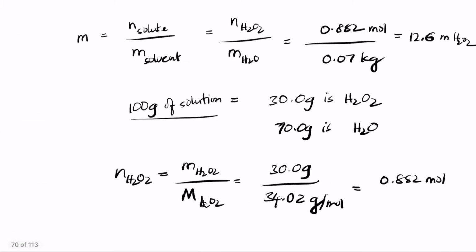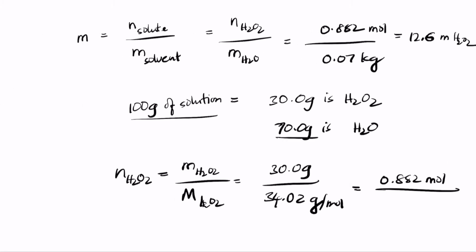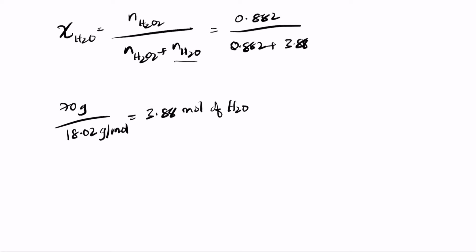It's already given here from the last one, which is 0.882, divided by 0.882 plus the number of moles of H2O. That's about 70 grams divided by the molar mass, which is 18.02 grams per mole. So that value becomes 3.88 moles of H2O.